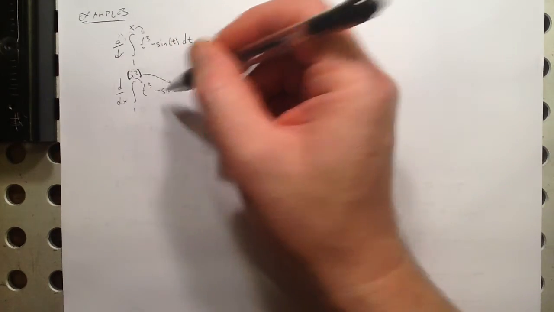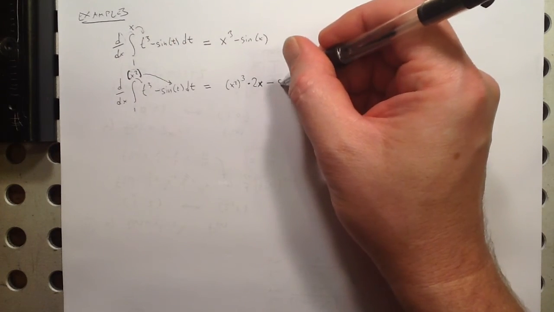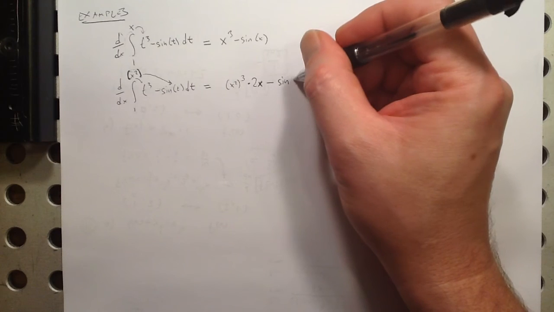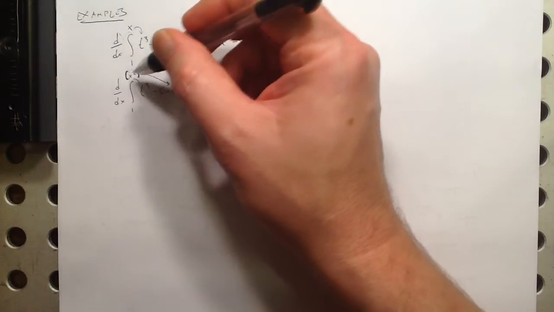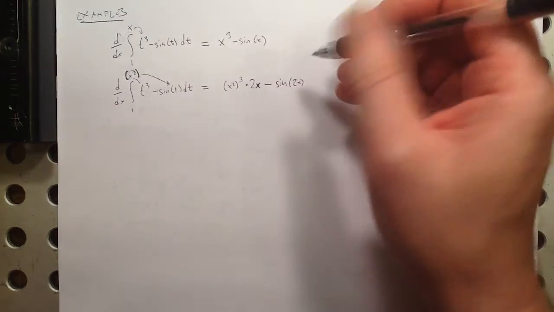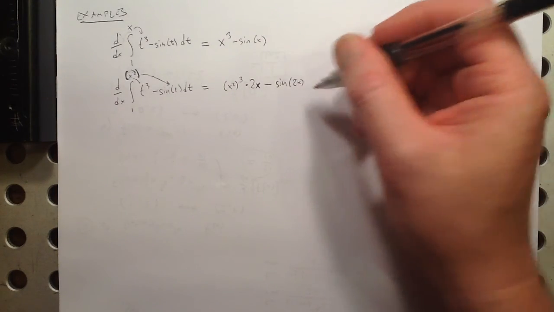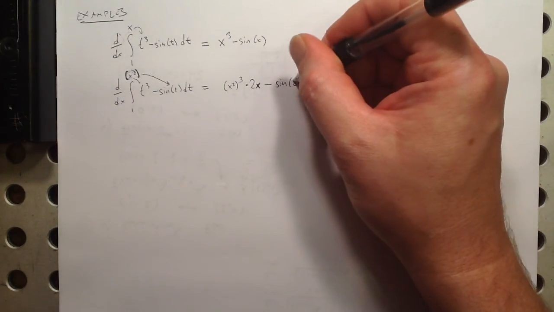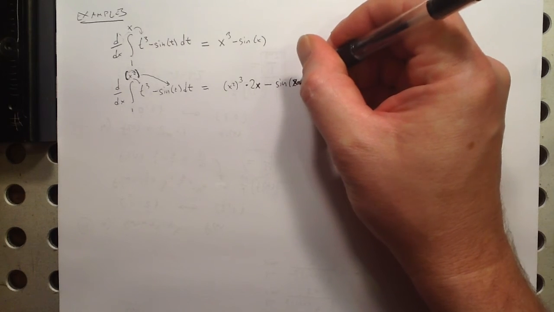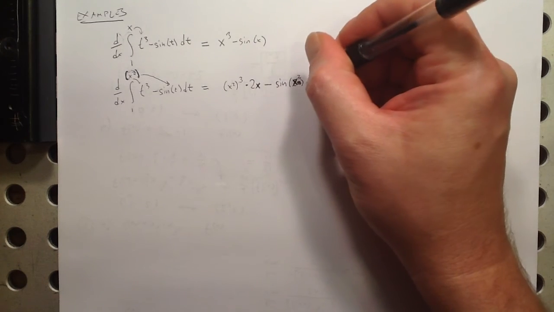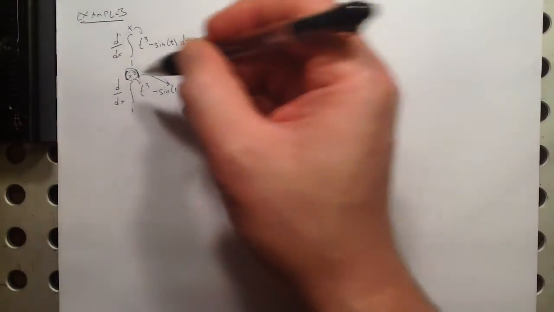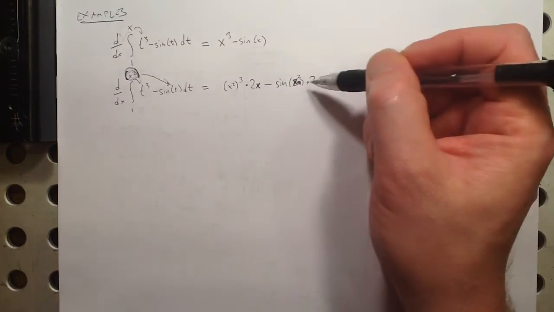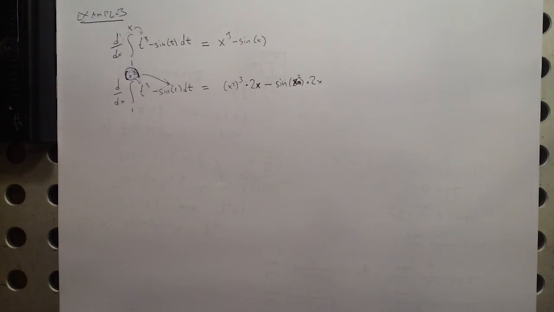And then minus the sine of x squared, that's the thing that's dropping in there, and then I multiply by the derivative of what's inside. So this is going to drop into wherever the t's are, and if it's not just an x, you have to multiply by the derivative of what's inside.